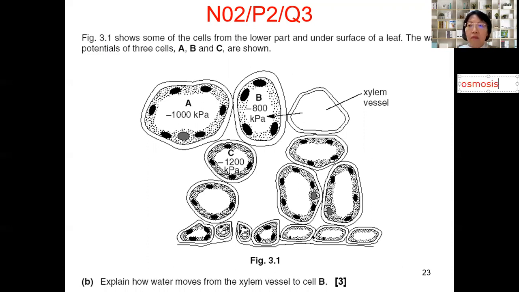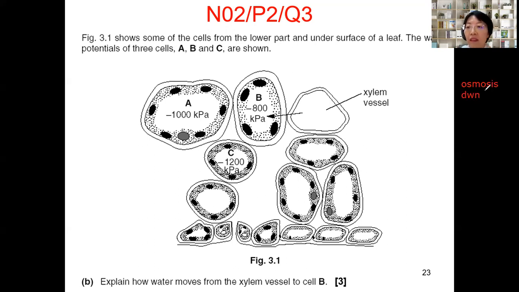Okay, by osmosis. So any other points to elaborate to get the 3 marks? Jing-er? Down the water potential gradient. Osmosis down water potential gradient. Okay, yes.